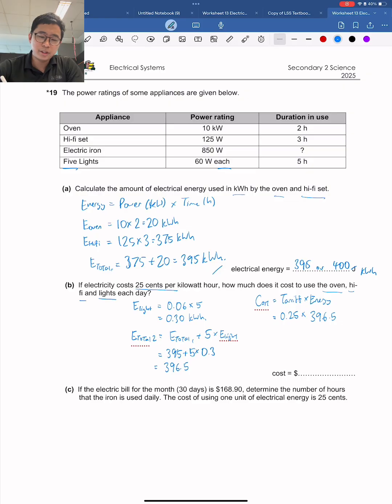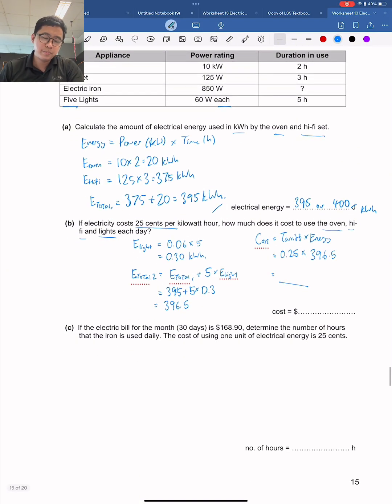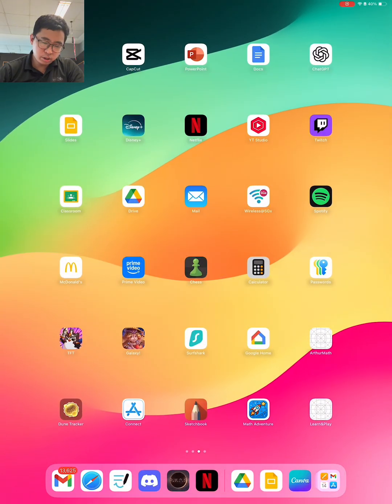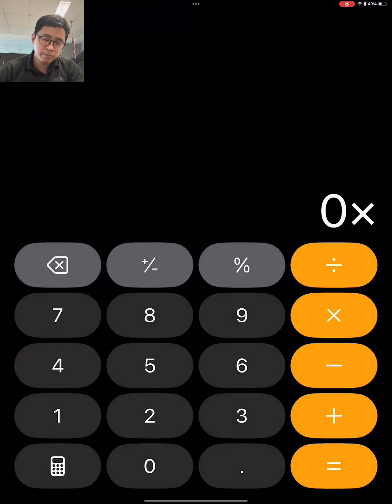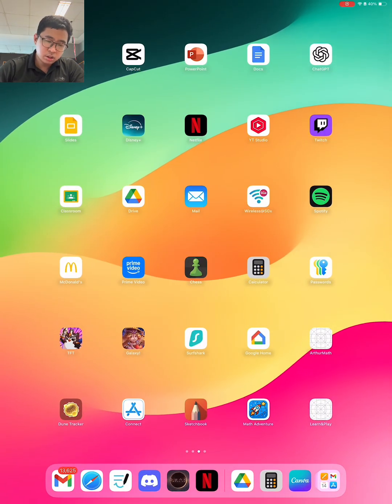I need a calculator, but you can just work it out. I don't have a calculator on me, so just work out the value and then work it out from here. Okay, so electric bill, okay, I need to work it out actually. Let me use my phone. Okay, I don't know if I have a calculator. Yes, I do.